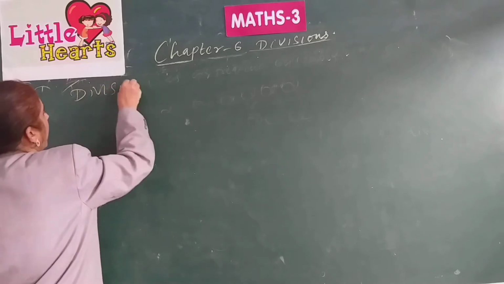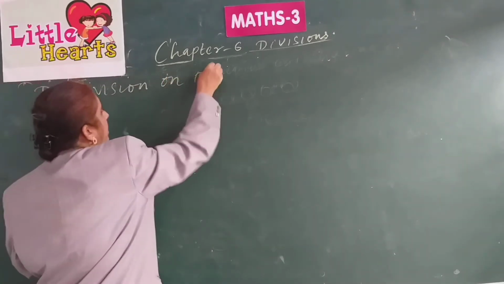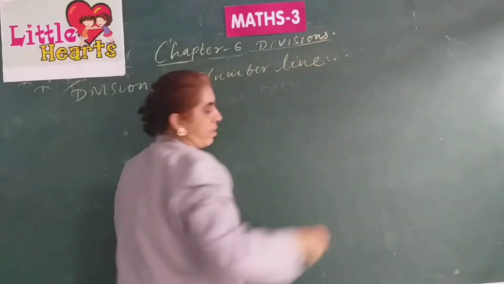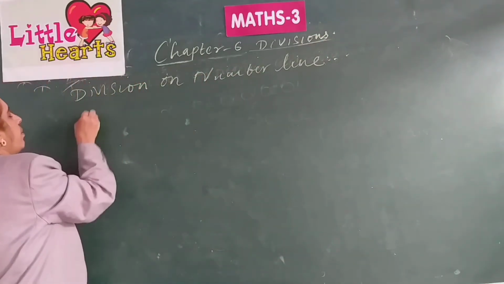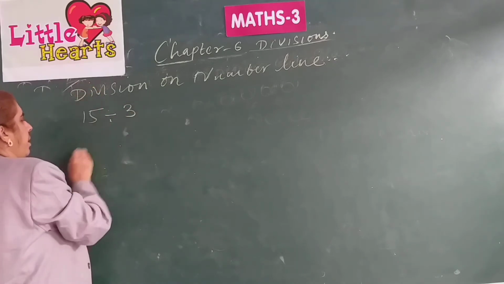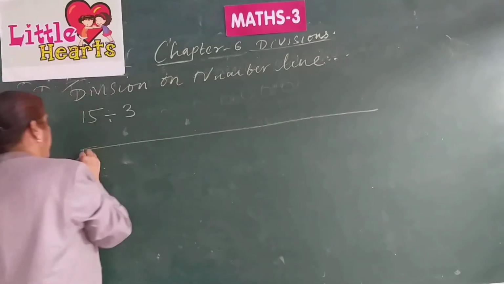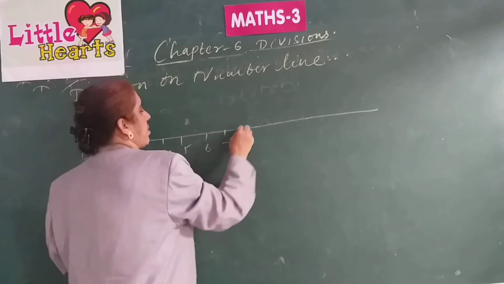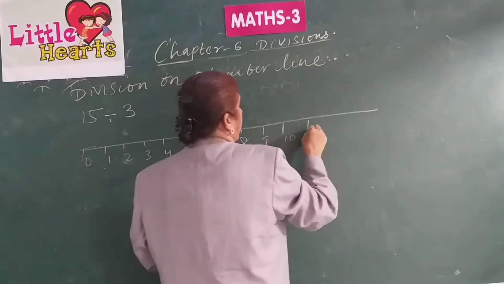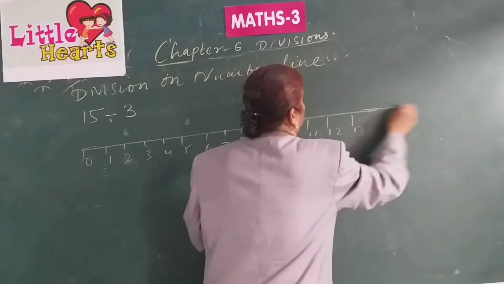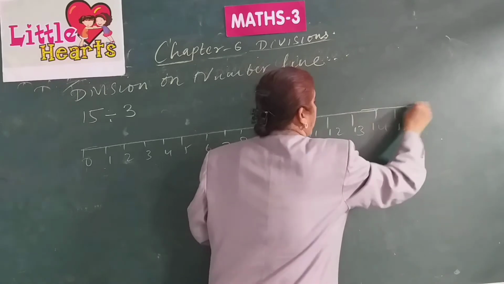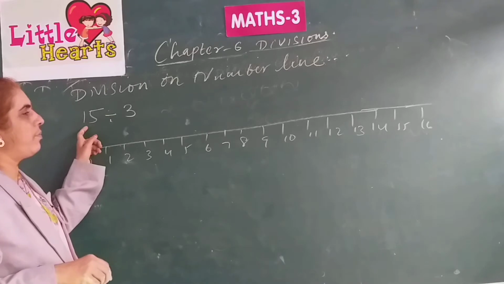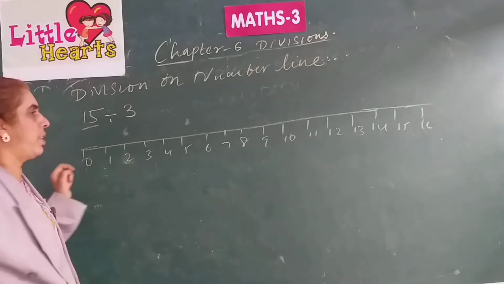Division on the number line, which you have already learnt in second class. 15 divided by 3. For this, we have to start from the dividend, that is 15.